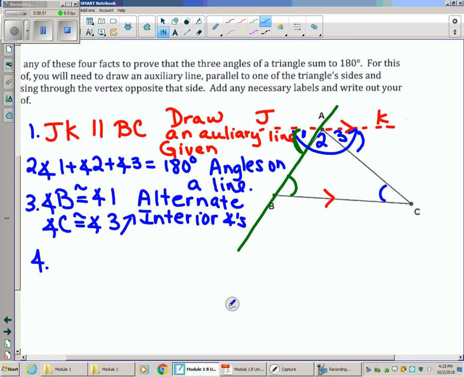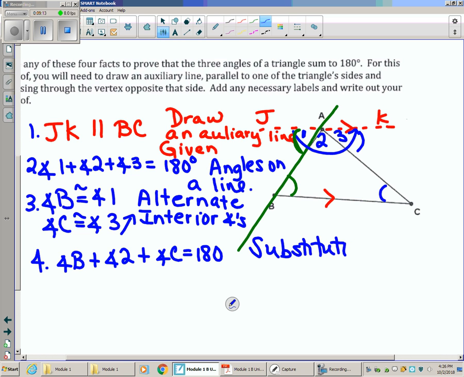And instead of putting in angle 1, we could put angle B. We would still use angle 2, and we'd still add in angle C. And that's by substitution. And that proves that the sum of the angles of a triangle add up to 180, because we proved this angle, and this angle together all add up to 180.